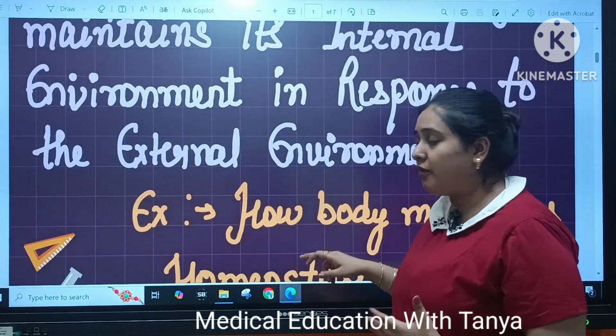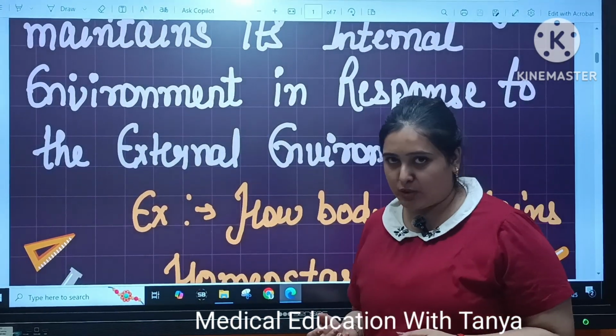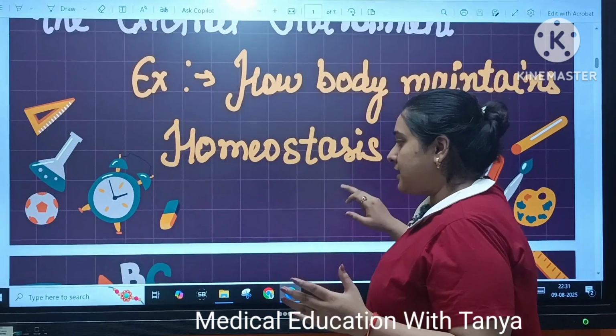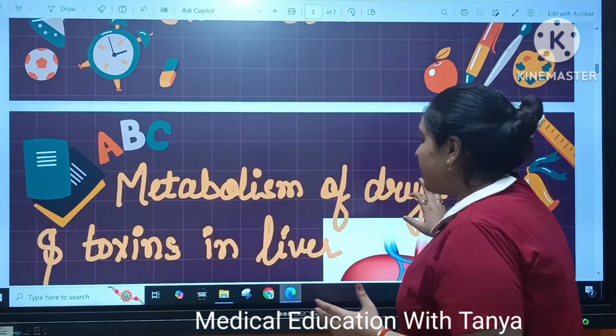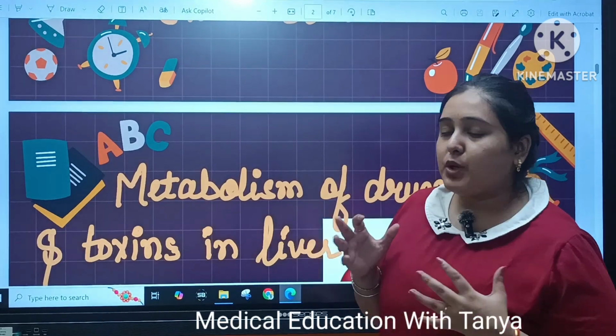For example, how does our body maintain homeostasis? Let's understand by example. The first example is the metabolism of drugs and toxins in the liver. We all know that the liver is the main metabolic hub which metabolizes all things, especially the drugs which pass through first pass metabolism.